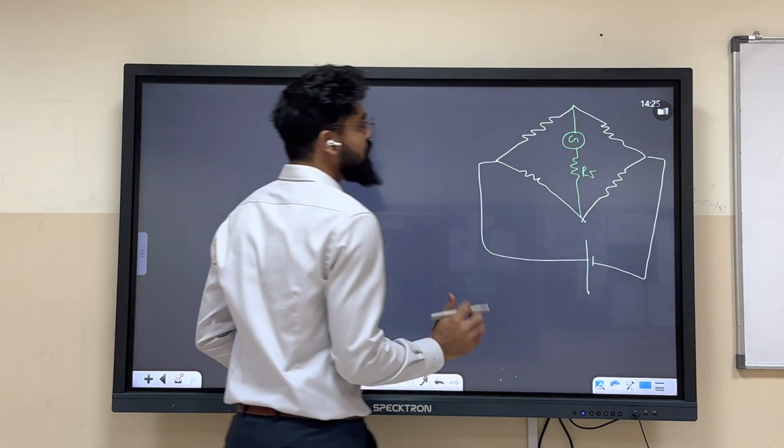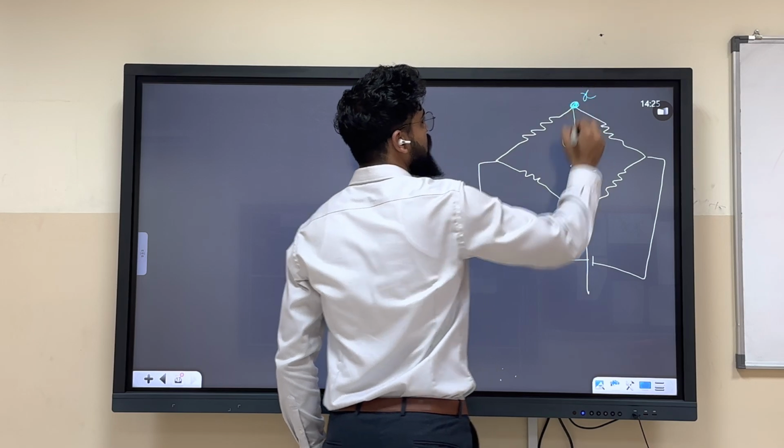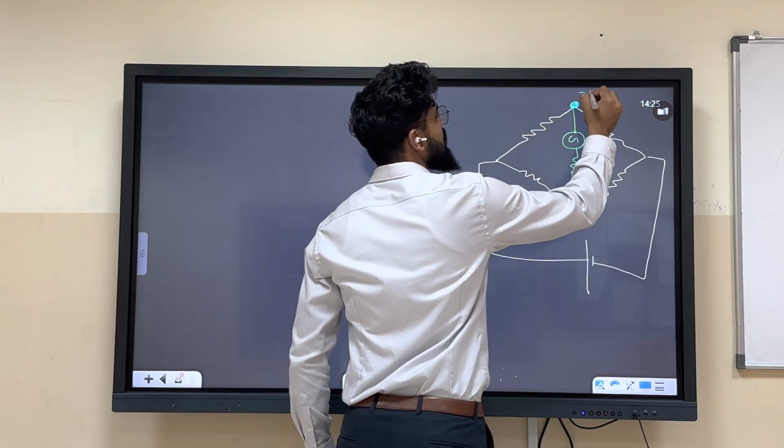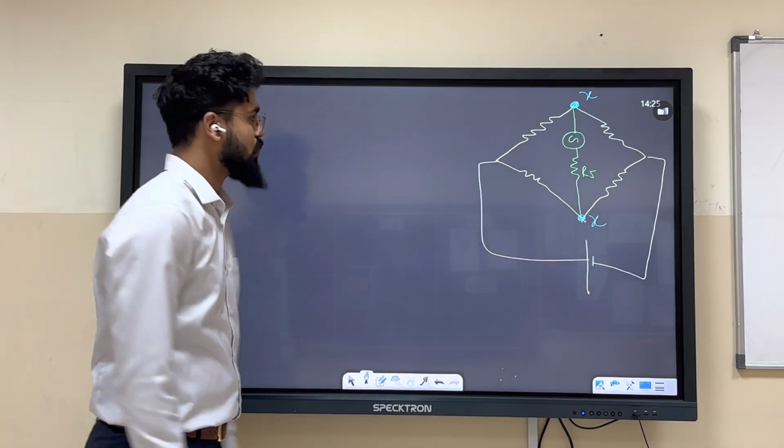Let's say the potential is x over here, and it should be x over there.